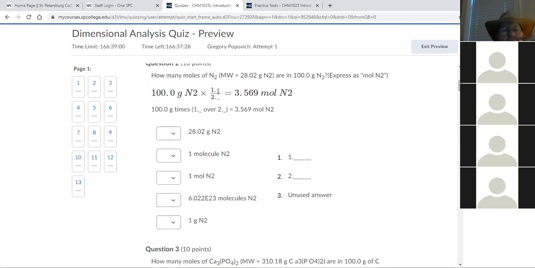Can somebody tell me what you think needs to go in the number 1 position? One mole. I'm going to come down here, find my choice, and put that in position 1. Now I've got 1 mole on top. What's going to go on the bottom? 28.02 grams.